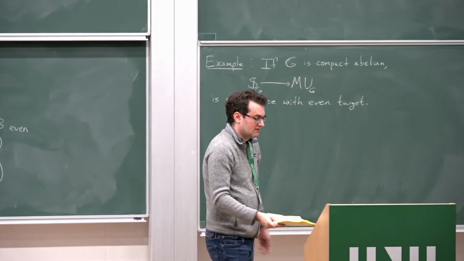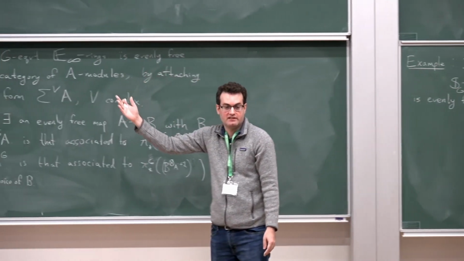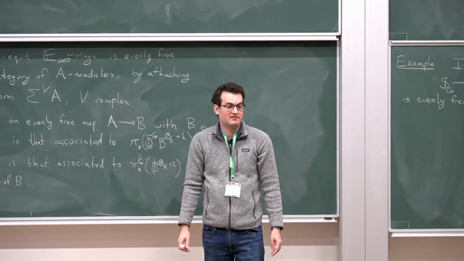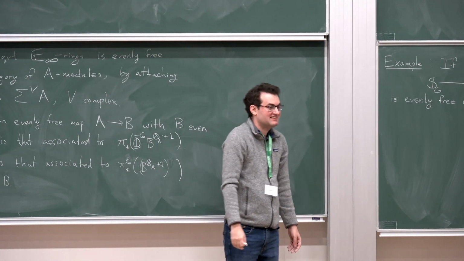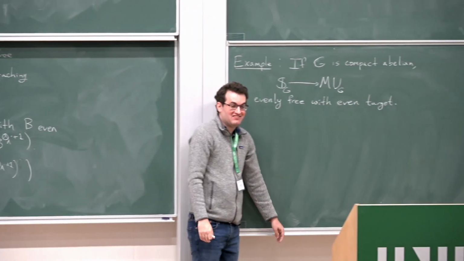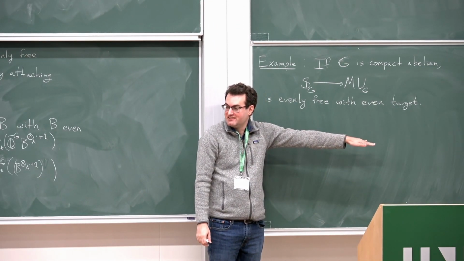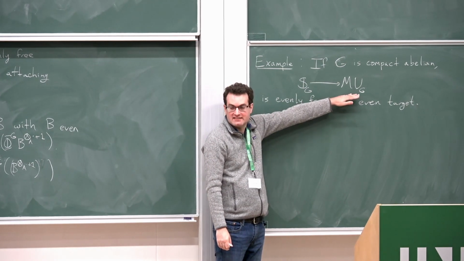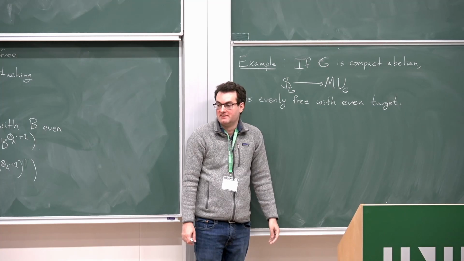Right, so to say that it has even target is this claim we had here that it's got even homotopy groups. Who knows who proved that? Maybe someone who starts with an L. I don't know. This claim is not that much more complicated. You just have to understand what the cell structure of MU_G is in the category of S-modules.